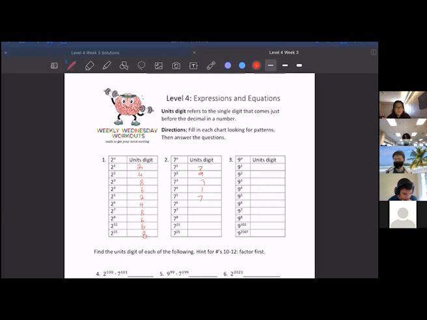So Vin, could you just tell me what the rest of these are going to be? Remember that we don't really need the entire number, we just want the units digit.